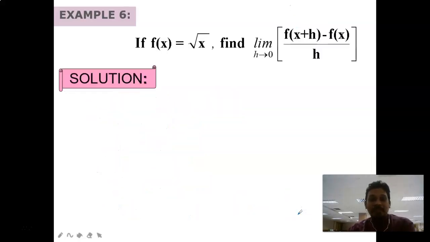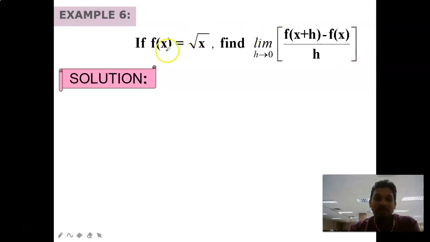Okay, next, class. If you realize, from your previous knowledge, if you look at this form, the function here reminds us of what we call differentiation, right? Yes, limit is the beginning of the topic of differentiation.